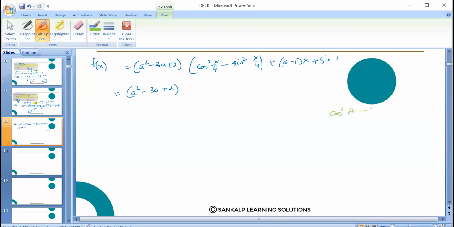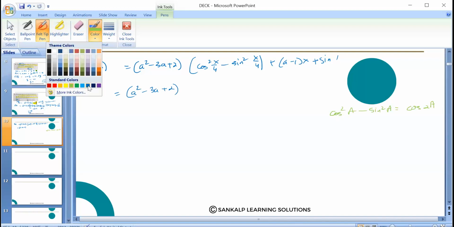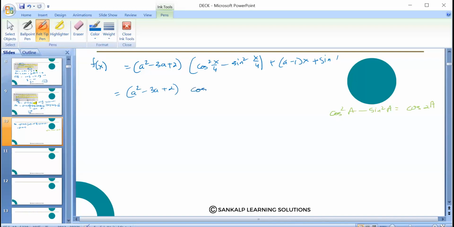Cos square a minus sine square a is the formula for cos 2a. So here we have cos 2x by 4 or x by 2 plus a minus 1 is a constant, x derivative is 1. Sine 1 is constant, its derivative will be 0.